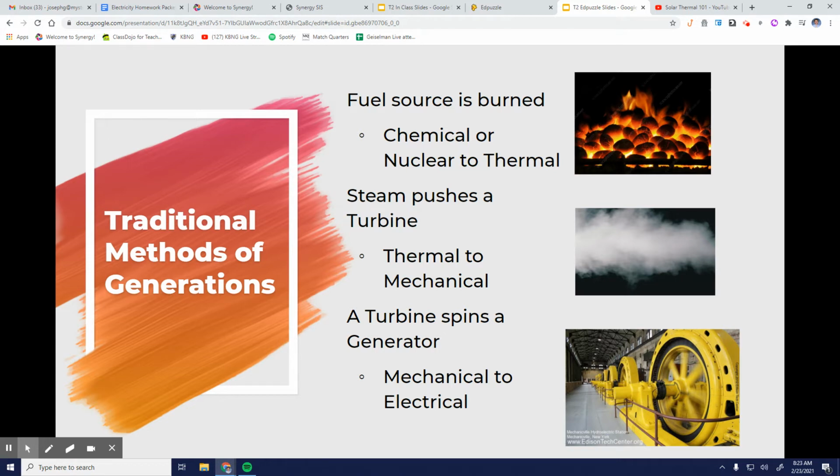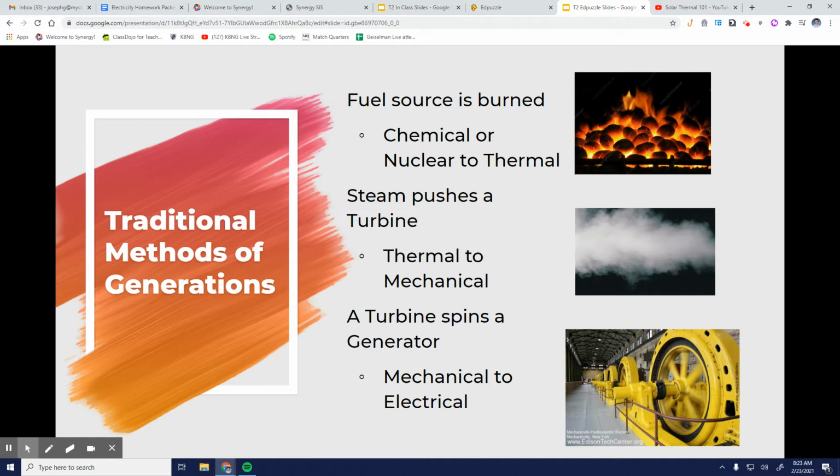That steam then pushes the turbine because that steam generates a lot of pressure. As it moves past the turbine, and remember, a turbine is like the blades in a jet engine, that thermal energy spins those blades. The thermal energy converts into mechanical energy, or energy of movement, of the blades of the turbine.